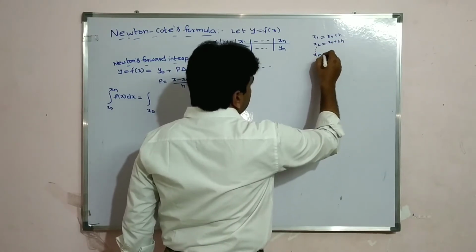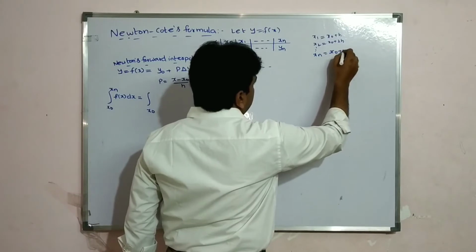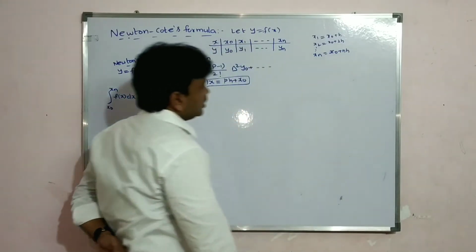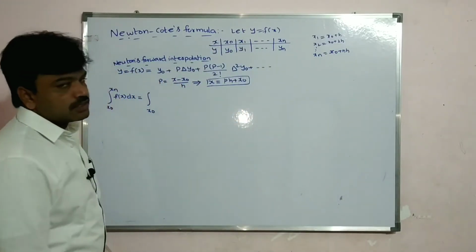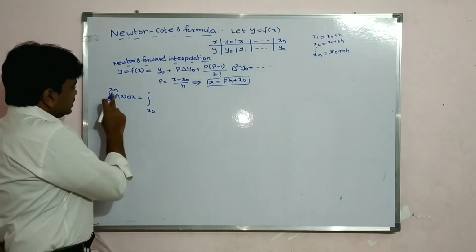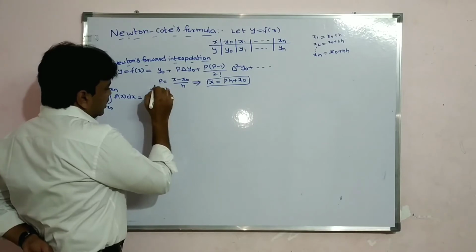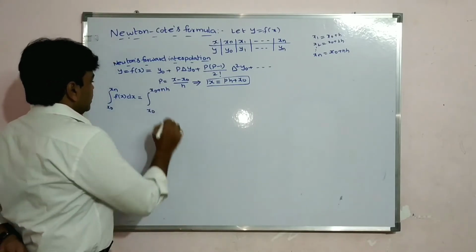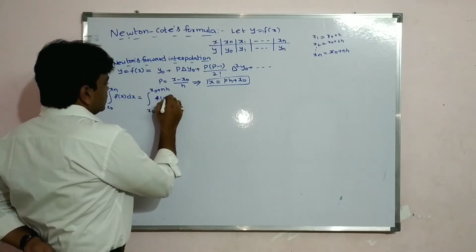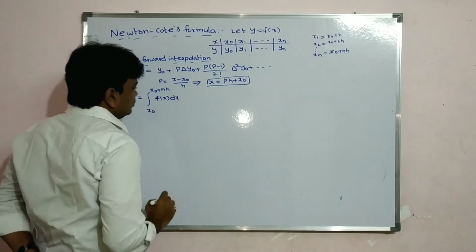Now xn is x0 plus nh. So this xn can be written as x0 plus nh. Now f of x dx.